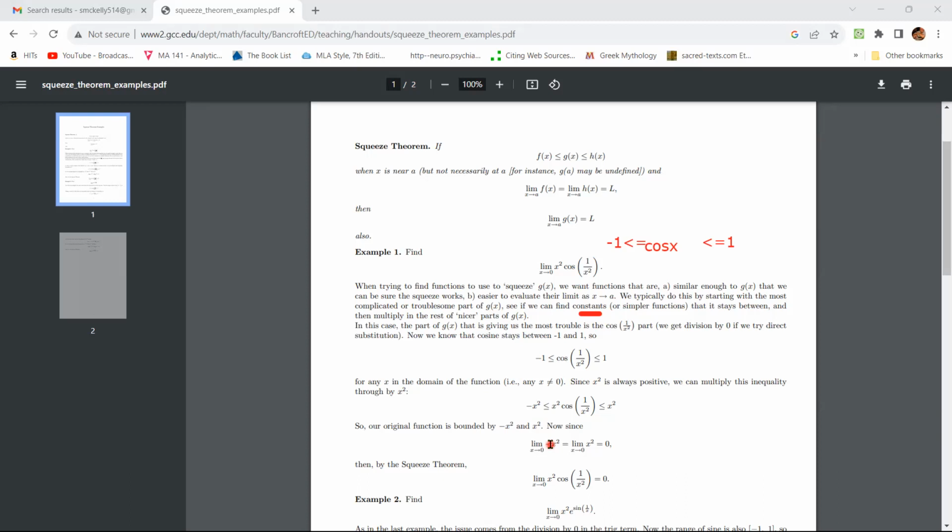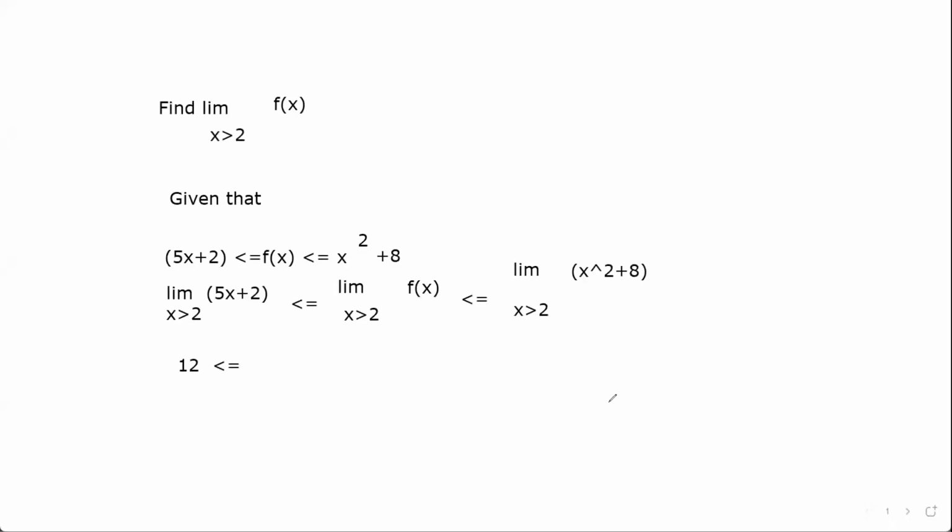Before we come back to that, think about this. Remember this example here? There's my whiteboard. When I did this limit here, this left side was what? 12.